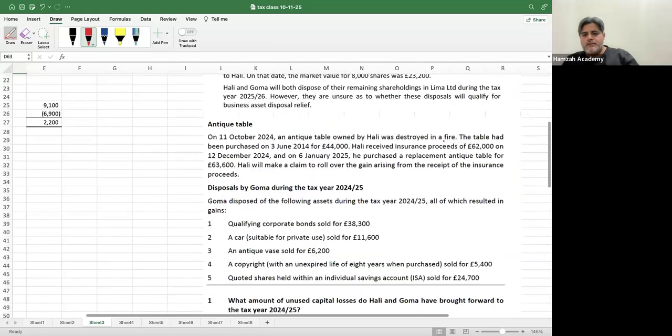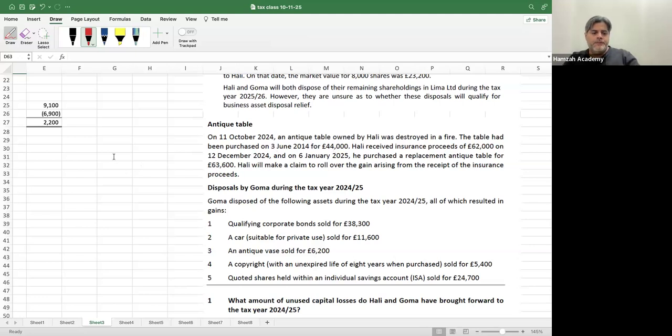Then he purchased a replacement table for 63,600, and Harley will claim a rollover of the gain arising from the receipt of the insurance proceeds. So the point is he just got the receipts of 62,000, whereas the base cost of the table was 44,000.